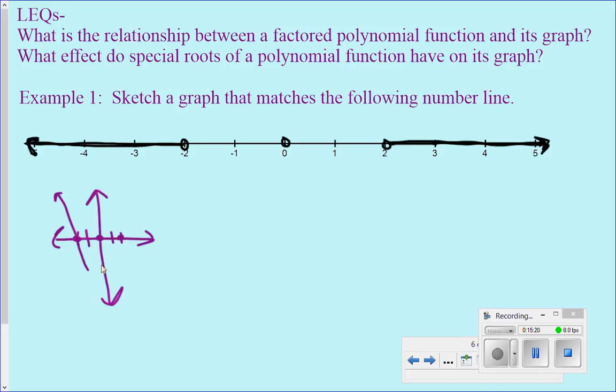Then it has to go back up and touch 0, 0 because there's a root there. But I shouldn't keep going because it's not shaded after 0, which means it bounces there, goes back down. Then I am going to go all the way through because I see from +2 on it's shaded. So your sketch should look something like that.